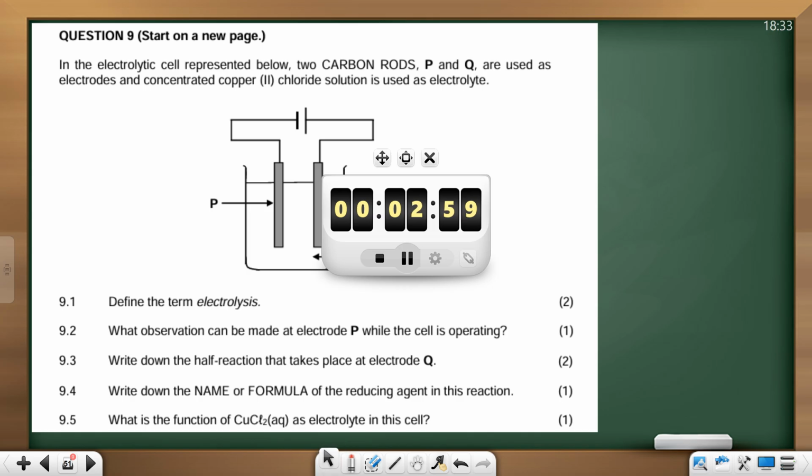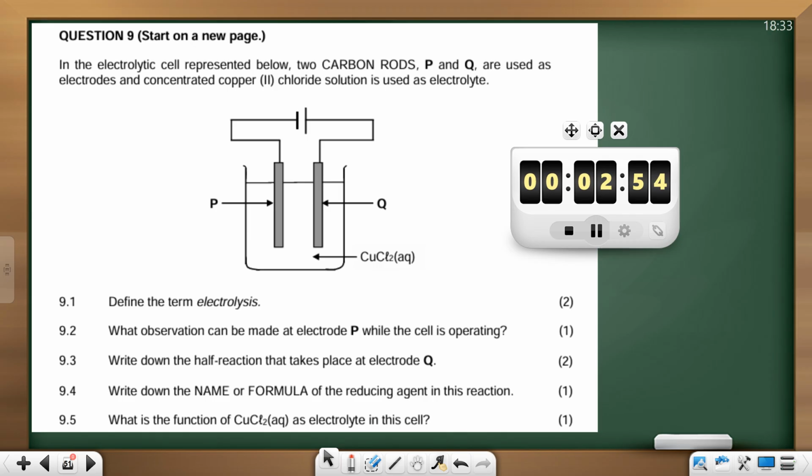Three minutes for this first page. You need 2 minutes here. Once you remember your definition, the rest is history.